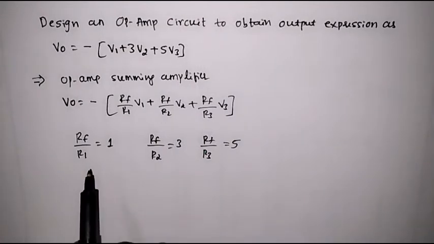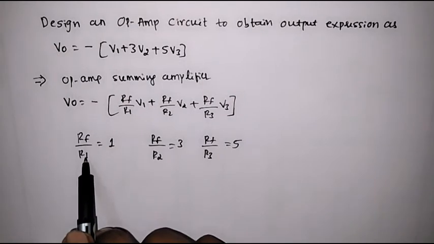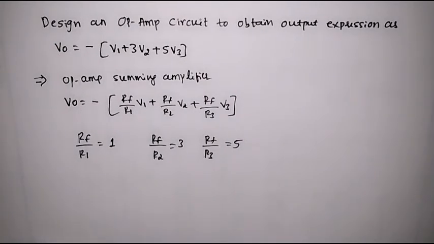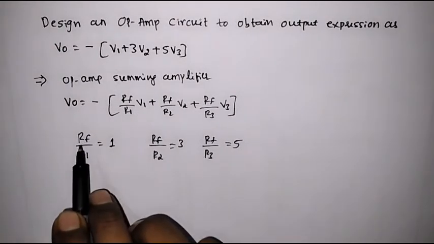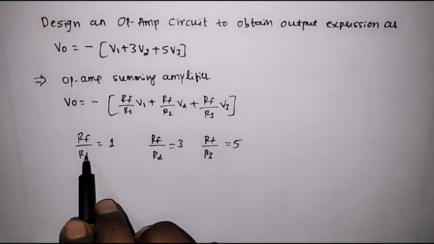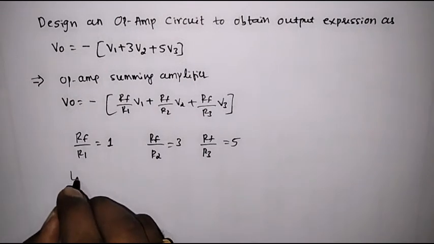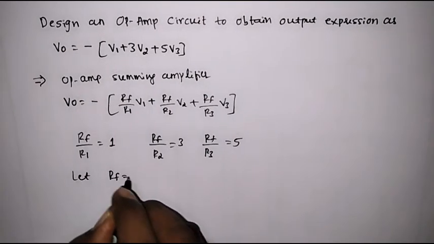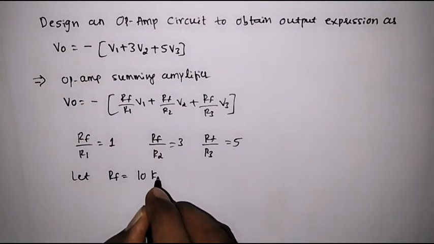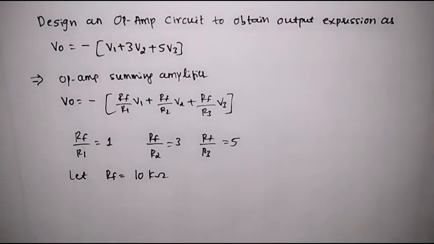So now to solve these equations, that is RF by R1 is equal to 1, we are supposed to assume an RF value. Once you assume the RF value, we can easily find R1, R2 and R3 values. Now let RF is equal to 10 kilo ohm.